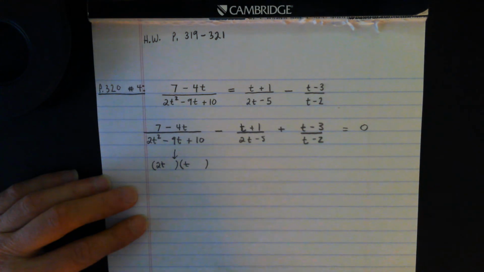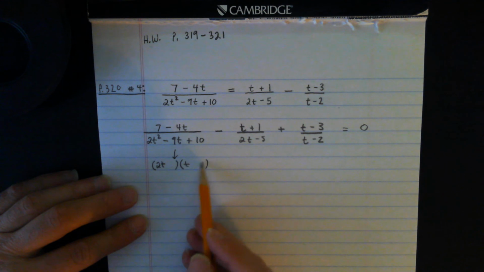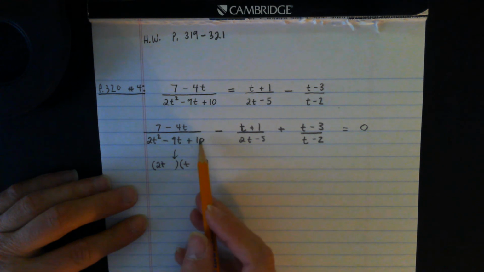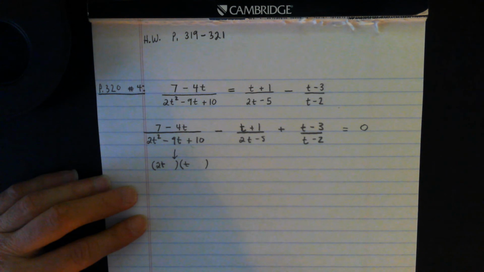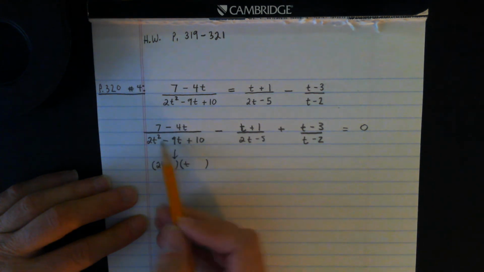And then at this point, I know that the last 2 terms need to multiply to 10. So I just have to think about what are the factors of 10 here. Well, we've got 1 and 10 and 2 and 5. There aren't too many options here. Now they need to multiply to a positive number, and they need to add to a negative number.